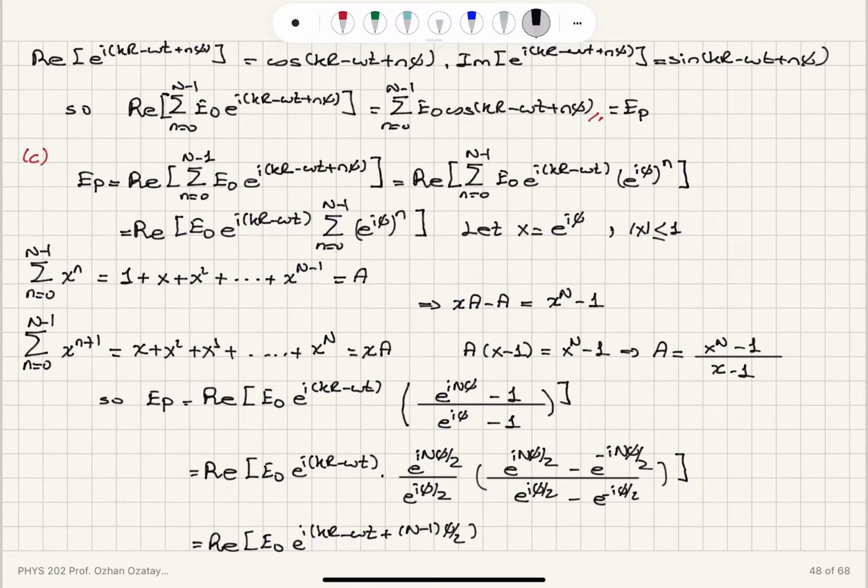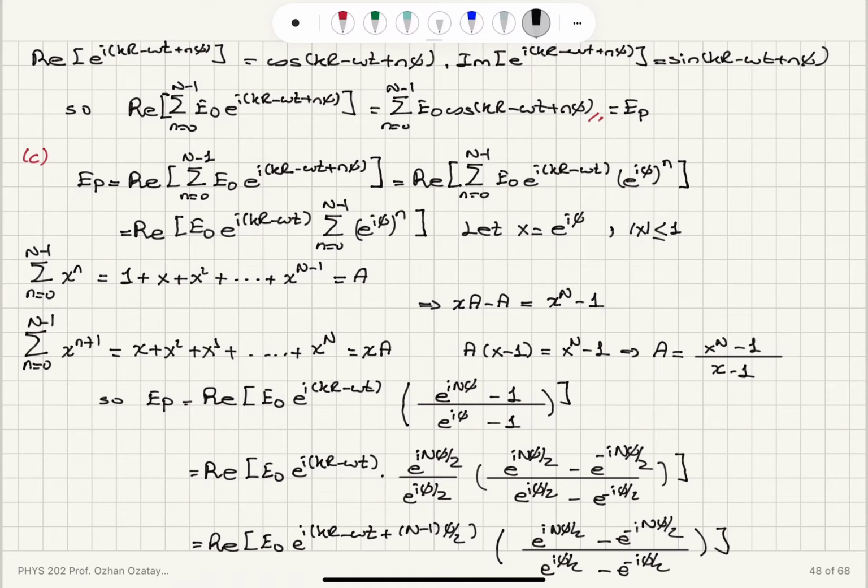And then I have this factor here, e to the i N phi over 2 minus e to the minus i N phi over 2, over e to the i phi over 2 minus e to the minus i phi over 2.